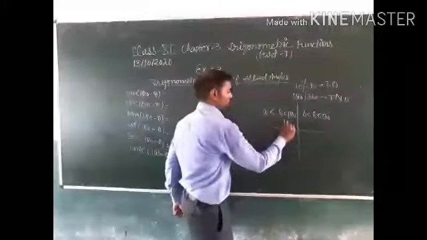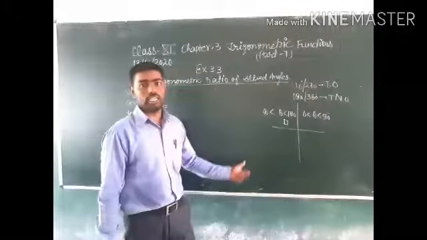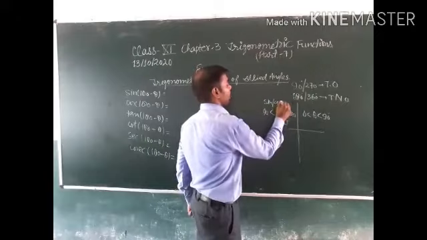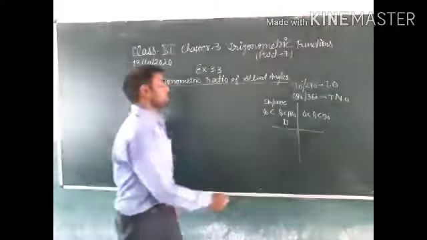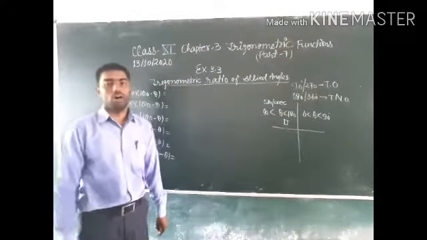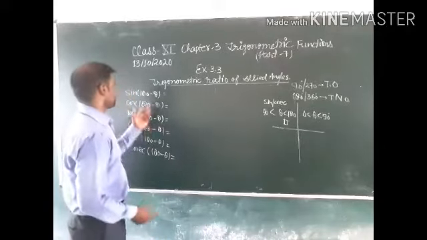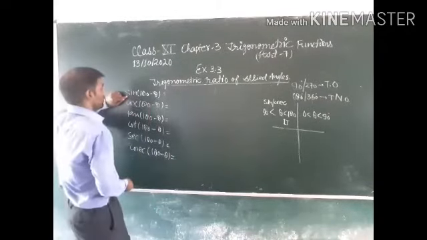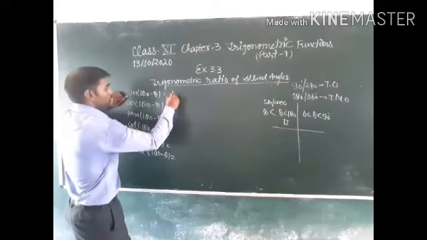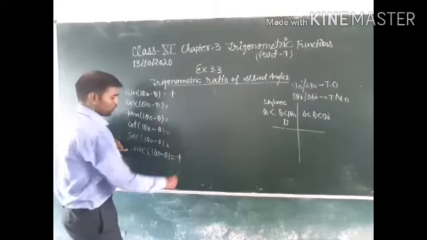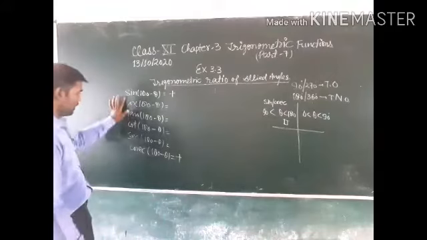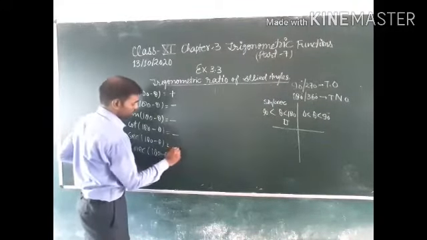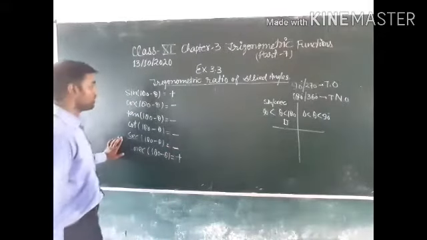What is the condition here? Sin and cosec are positive and the other trigonometric ratios are negative. So sin is positive, cosec is positive, and the others are negative.